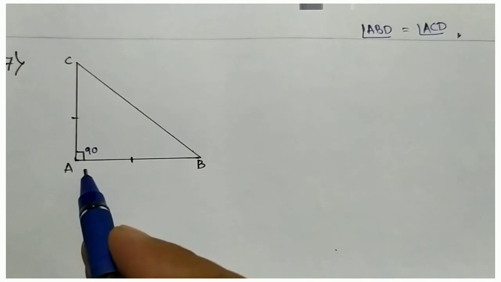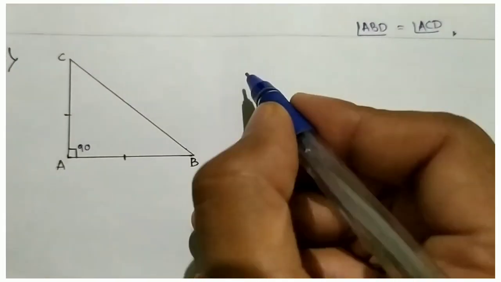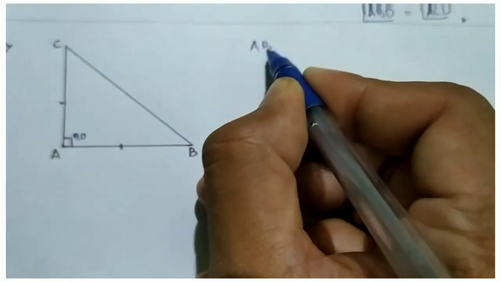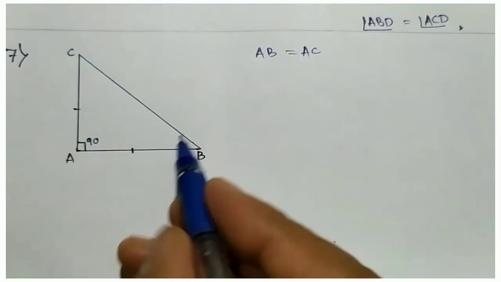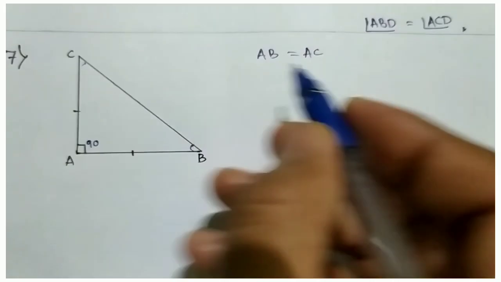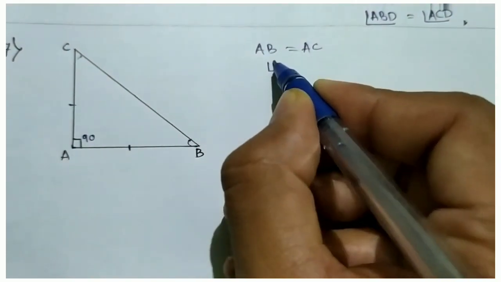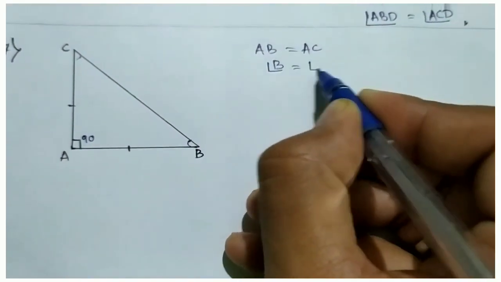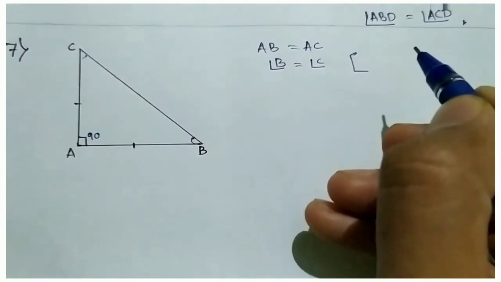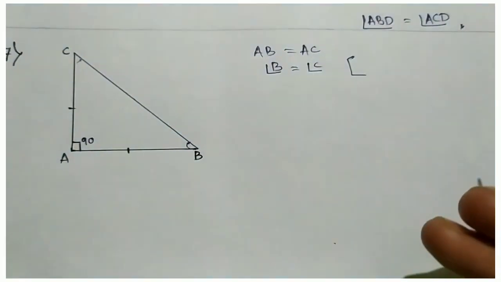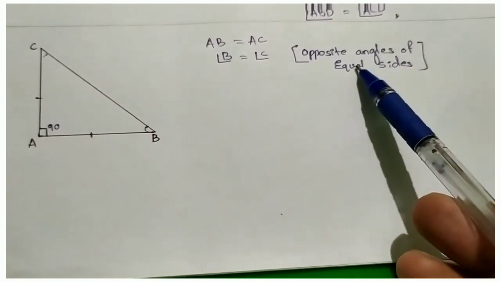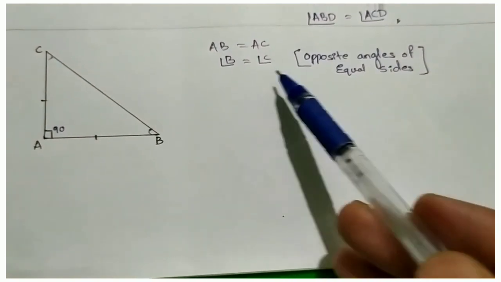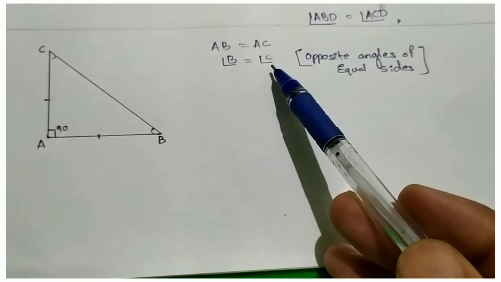Okay, and also they given AB equal to AC. So if AB equal to AC, then their opposite angles will be equal. So angle B equal to angle C. Here you have to write opposite angles of equal sides.